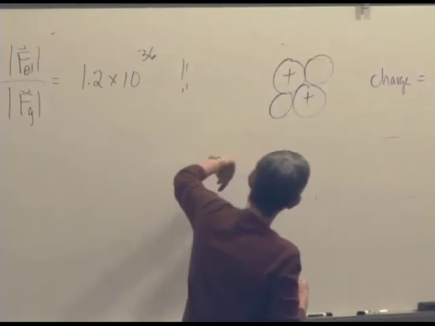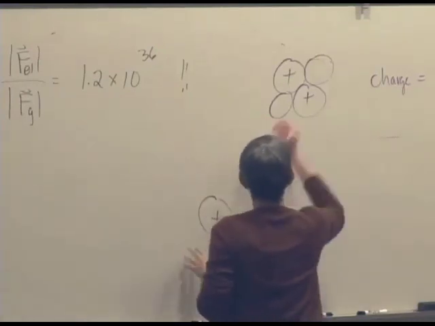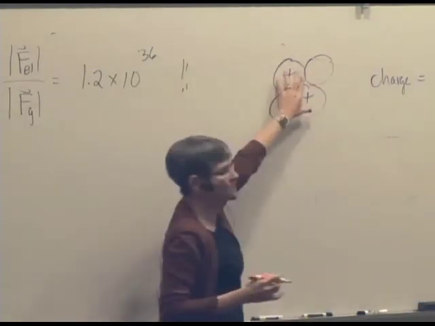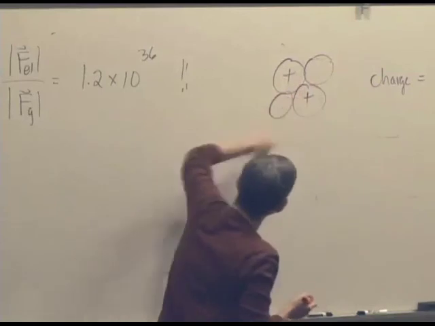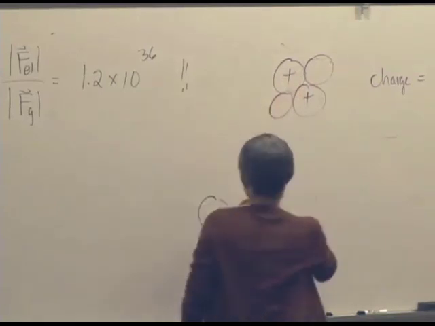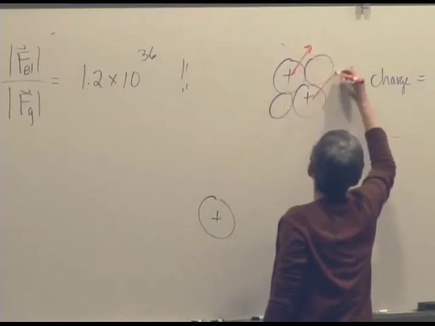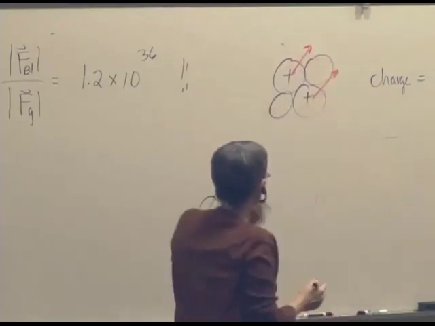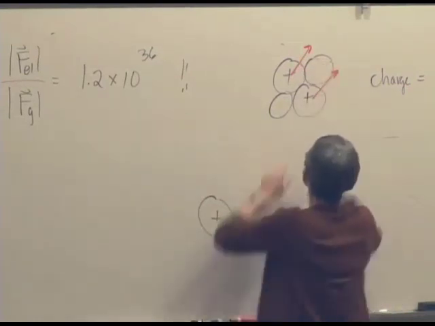In this case, it's actually sort of easy to see. The proton, so here's some distance, and I've obviously exaggerated the size here, so basically all these things are exactly the same distance away. The proton exerts a force on this proton, and it exerts a force on that proton. So the net force is the sum of those two things.